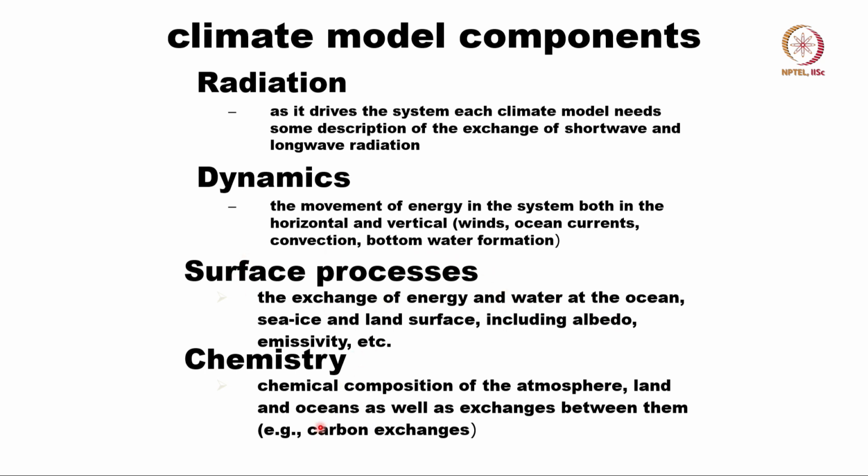And finally, you need to understand atmospheric chemistry, because in the Earth's atmosphere, due to natural processes, you have photosynthesis, which consumes CO2, combustion, which releases CO2, and CO2 moves around the earth due to winds. So all these are in the chemistry module. You can see there are 4 major modules: radiation, dynamics, surface and chemistry, both ocean and land and atmosphere, and all these have to be combined to run the model.